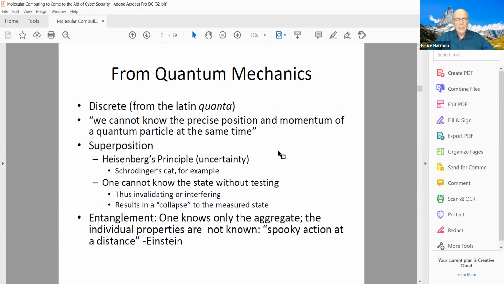Let's see, Heisenberg's principle, we often talk about Schrodinger's cat. This is a thought experiment in quantum mechanics that I'm going to get to in just a bit. But if we think of a particle or some other object having multiple states, and we don't know for sure which state it is in, then that's the quantum mechanical property that we want to pay attention to. And so we create something called a qubit.